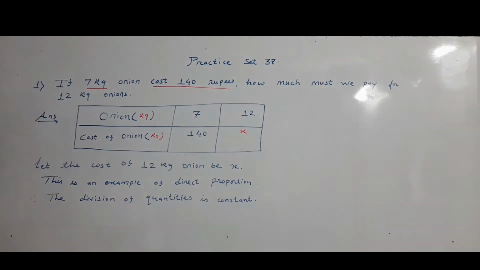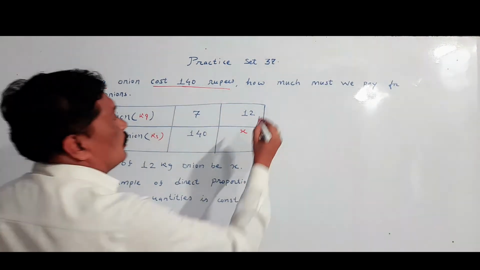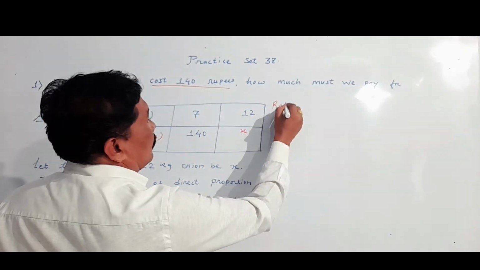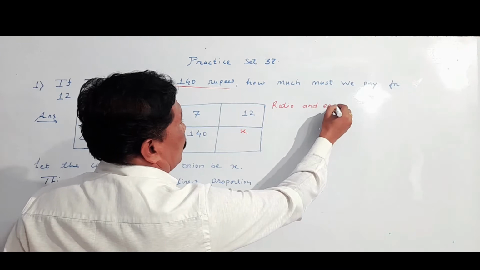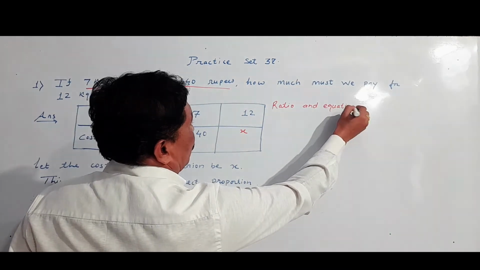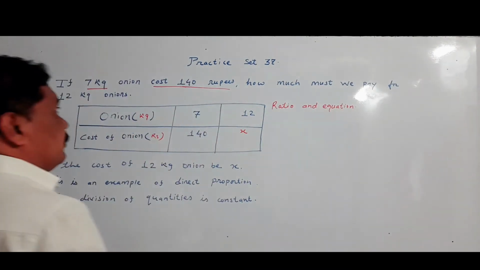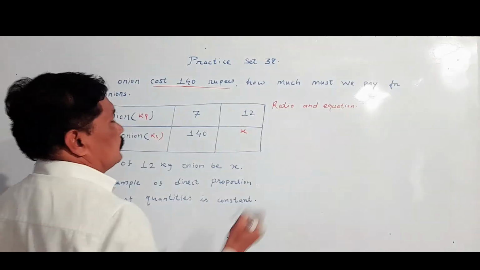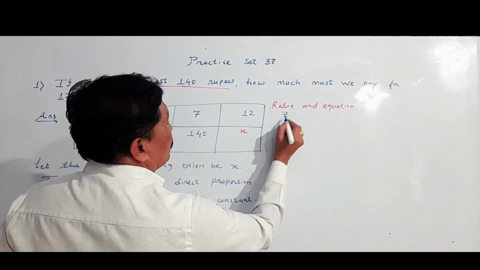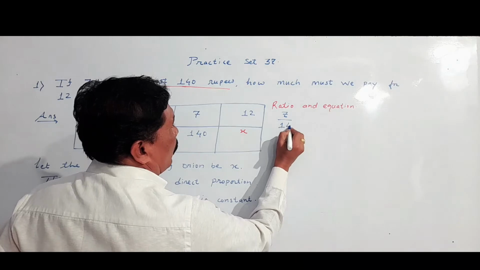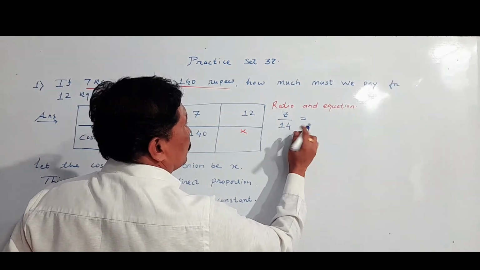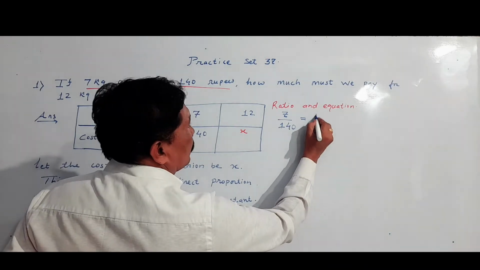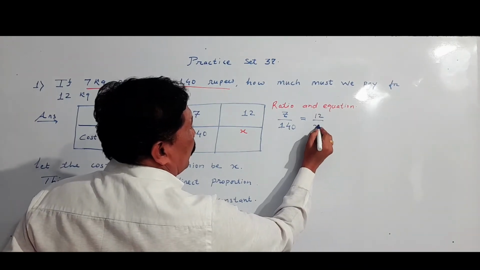And because of that, we can write ratio and equation, which is 7 upon 140 is equal to 12 upon x.